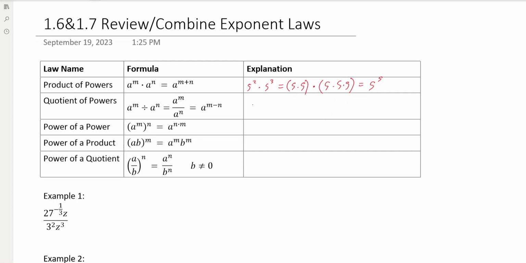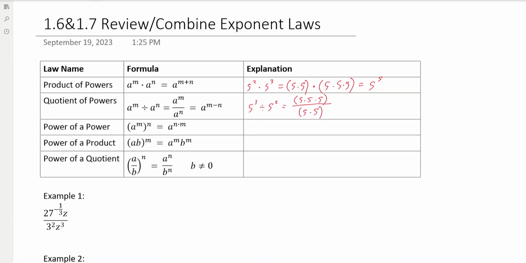All right, so going the other way around, if we go 5 to the 3 divided by 5 to the 2, what happens is we put the 5 to the 3 on top of a fraction, and we put 5 to the 2 on the bottom of a fraction.